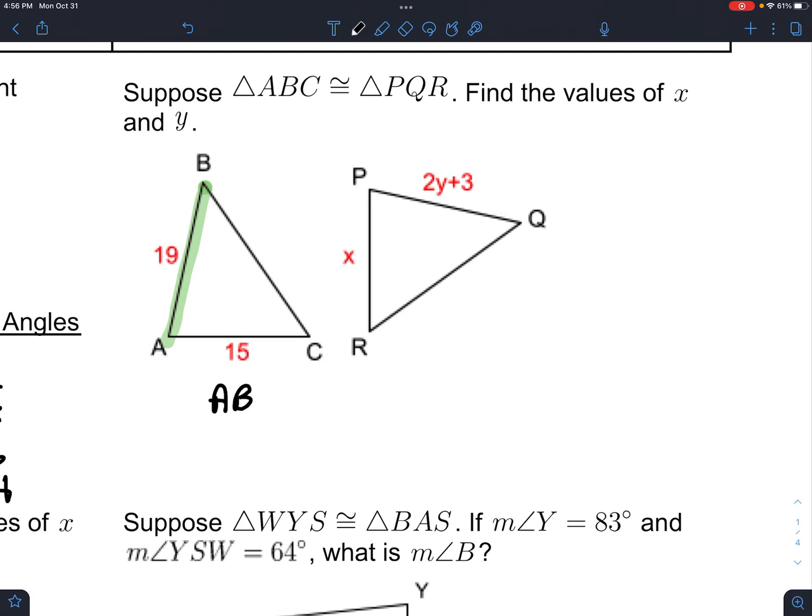So here, again, if we know AB, I know that AB is the first two letters, so it goes with PQ, which is here. So I know that 19 is 2y plus 3.